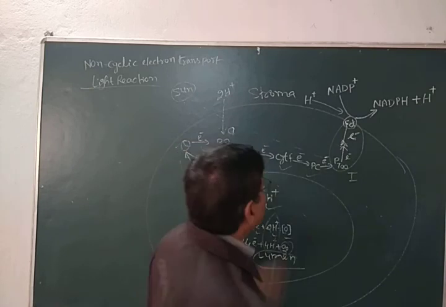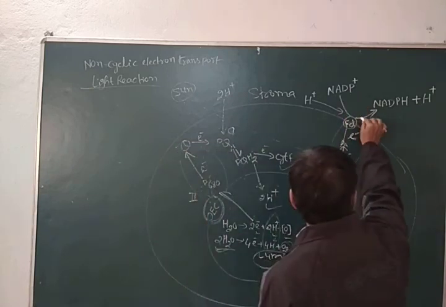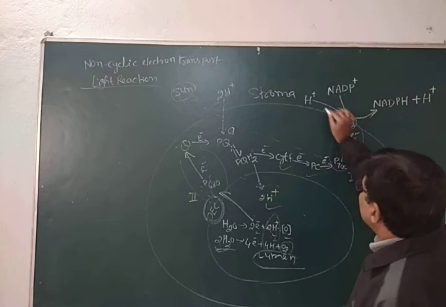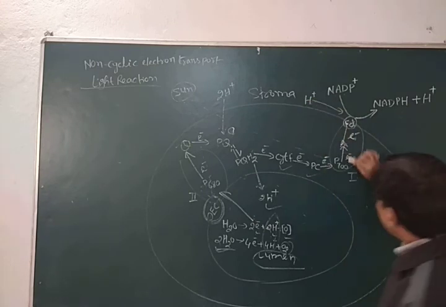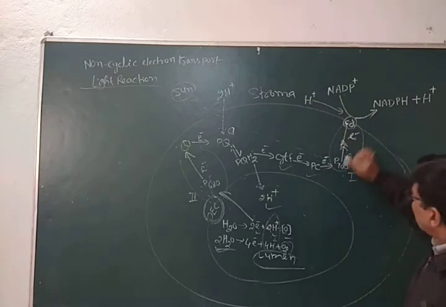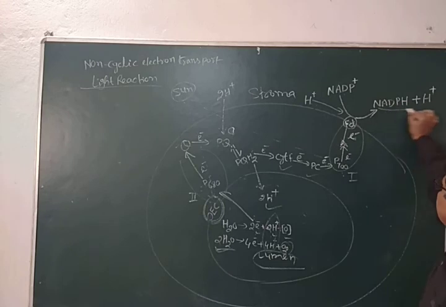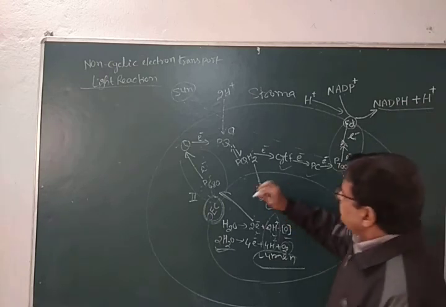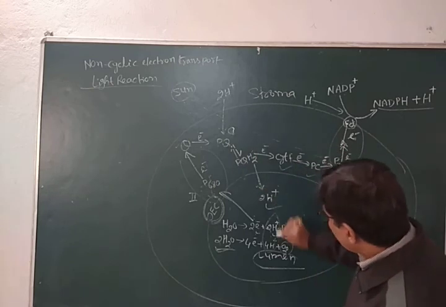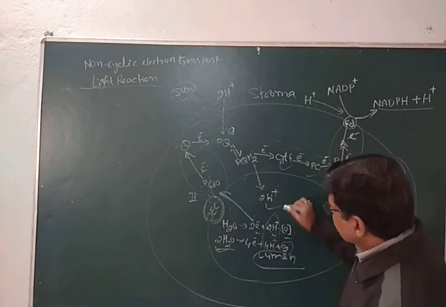So for the reduction of NADP plus, hydrogen proton comes from the stroma, electron comes from photosystem 1 to form the NADPH plus H plus, and here hydrogen proton also accumulated in the lumen of the thylakoid.